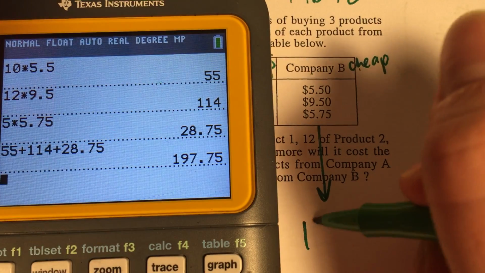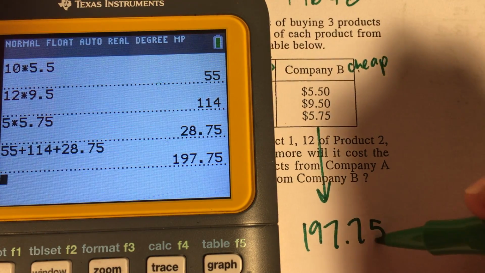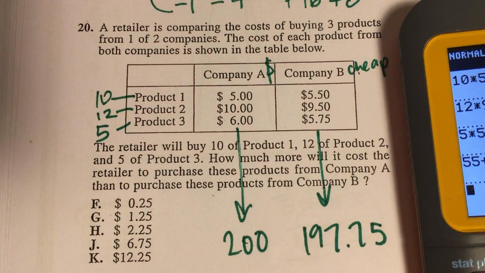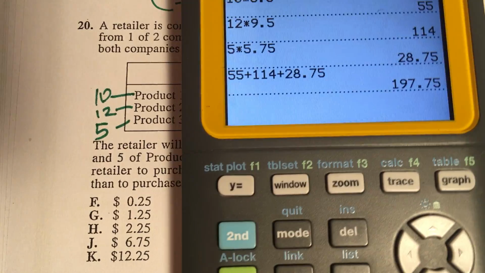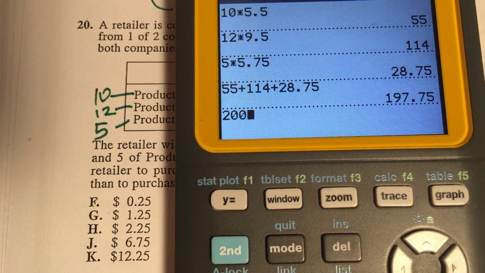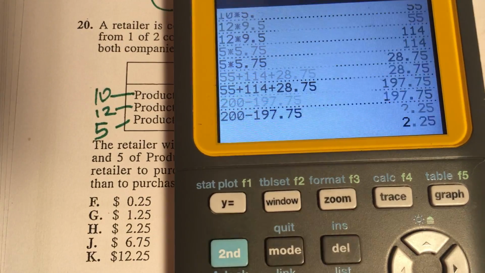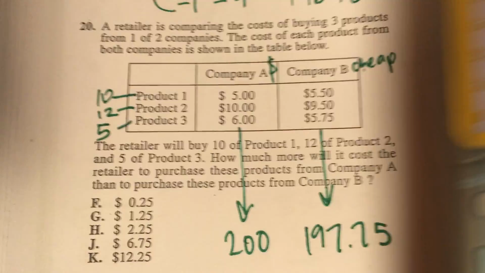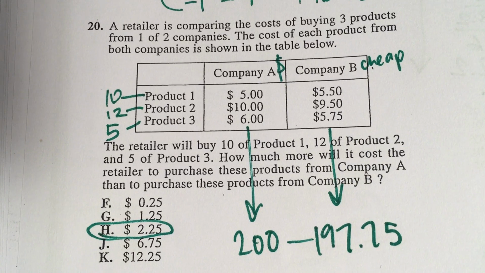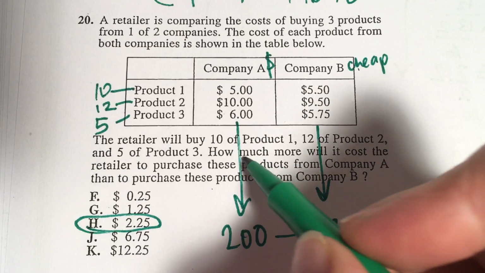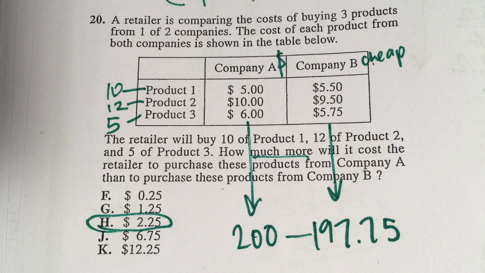That's going to give me 197.75. Right? So the difference is not very much at all. You can see the difference is very small. So I'm going to do 200 minus this number, and I get $2.25. So that's the difference between them. I'm going to subtract because it says how much more, right? How much more it would cost.